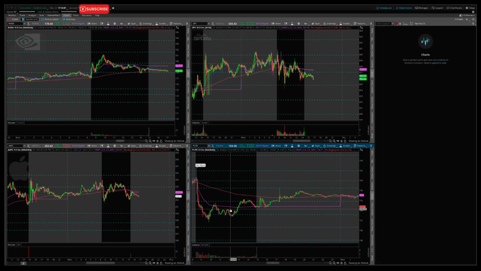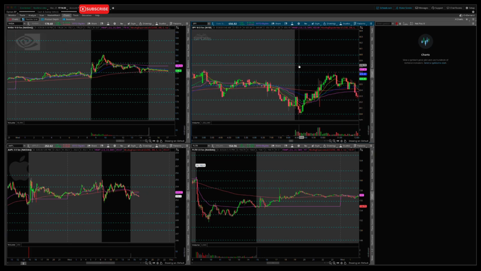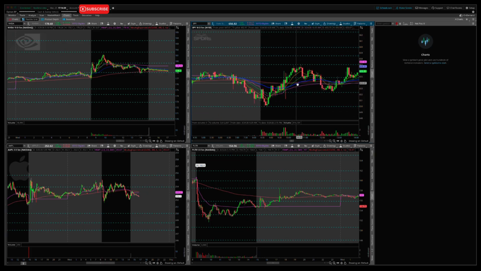I believe I took SPY on Tuesday. Let me double check. Yes, I took SPY puts, the 650 and the 655s. And that was yesterday. And I can show you on the chart.